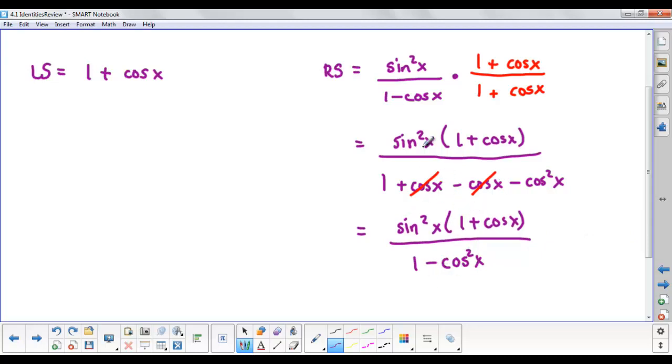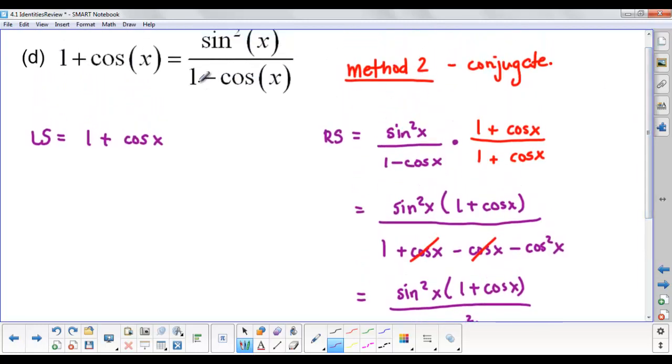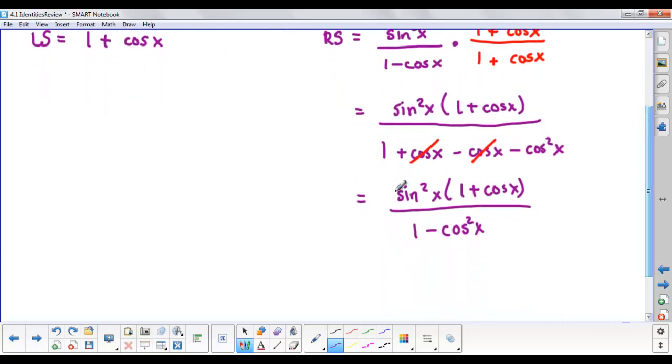If you look at the right side, it would have been really awesome if this was 1 minus cos squared x, because that is part of the Pythagorean identity, which we ended up with eventually. So 1 minus cos squared x is really equal to sine squared x.